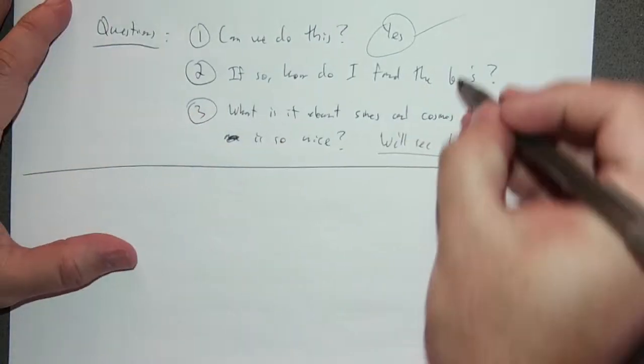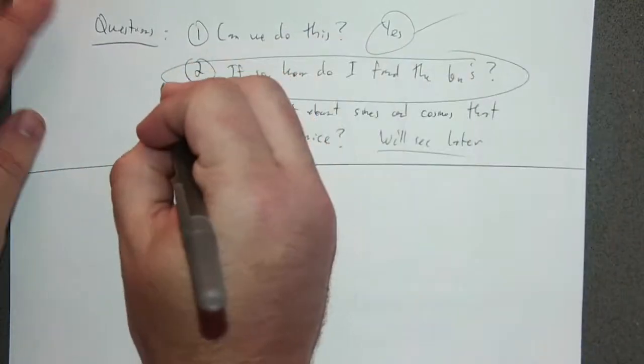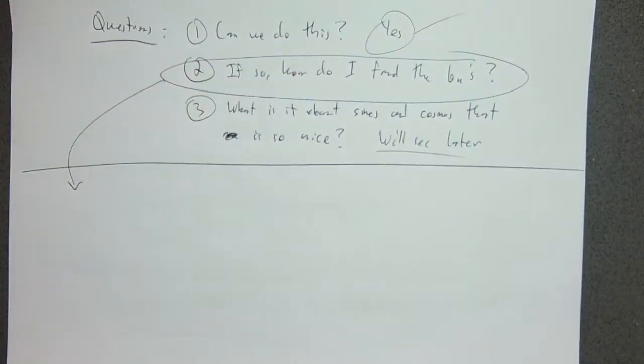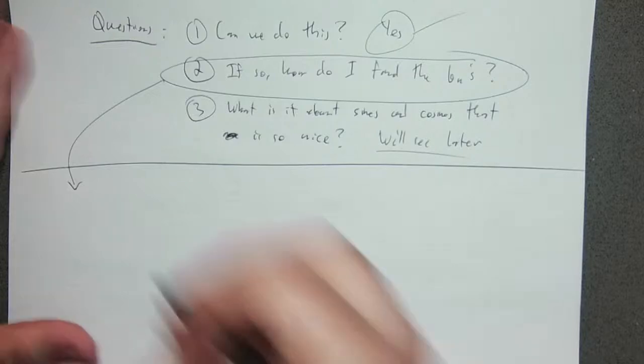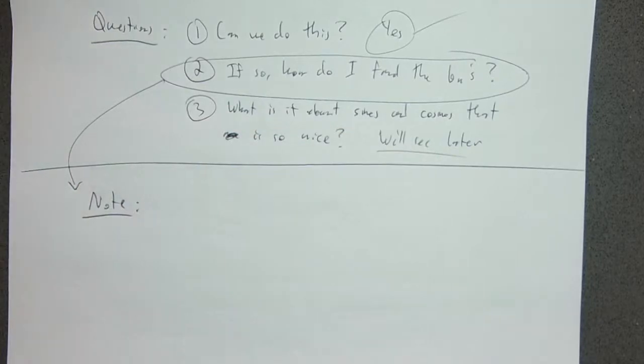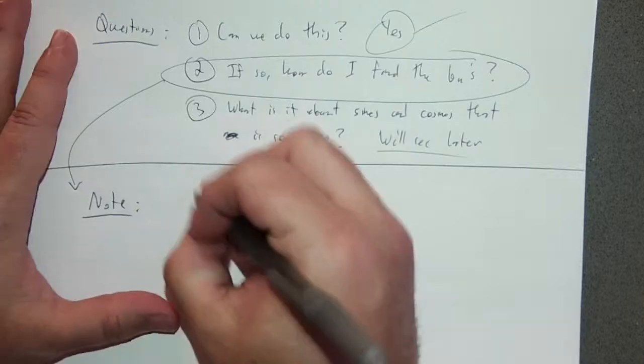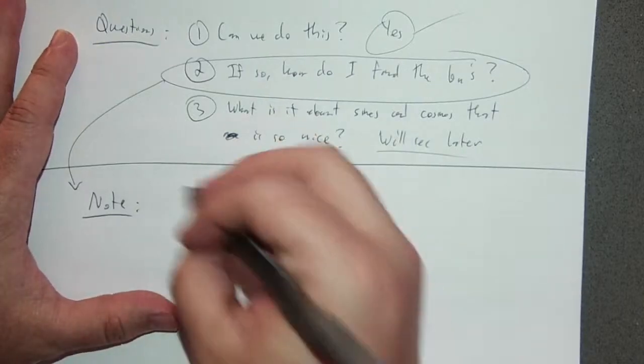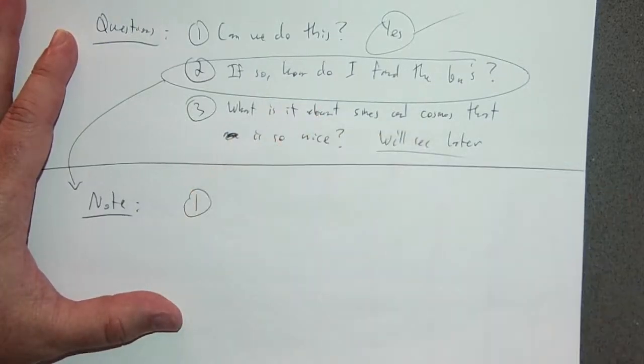But let's actually find the answer to 2 right now. How do I find the b sub n's? Well, first, note the following identities that you are going to have to show in your upcoming homework, which will be posted very soon, as I keep saying. Note that there's a couple of things, right?